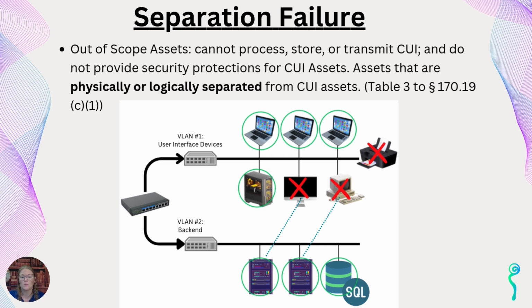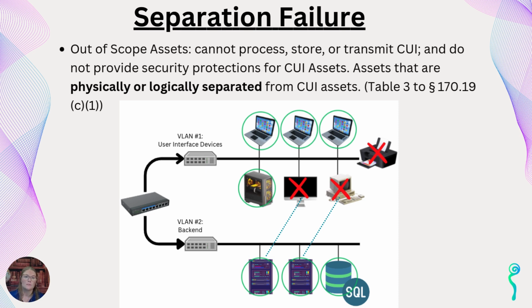Where one system may have a weakness, it's a weakness for the entire environment, because that weakness can be exploited by an attacker or malware and then be used to gain access to the environment and then pivot to other systems that do store CUI information.